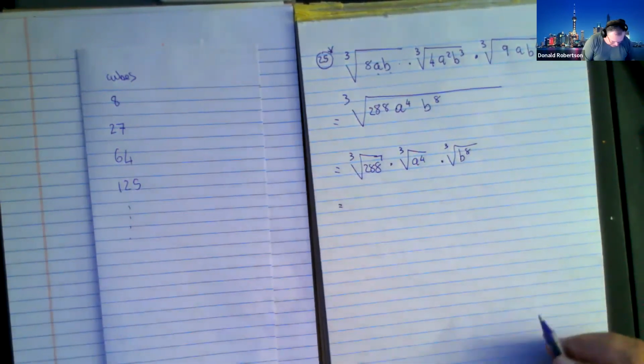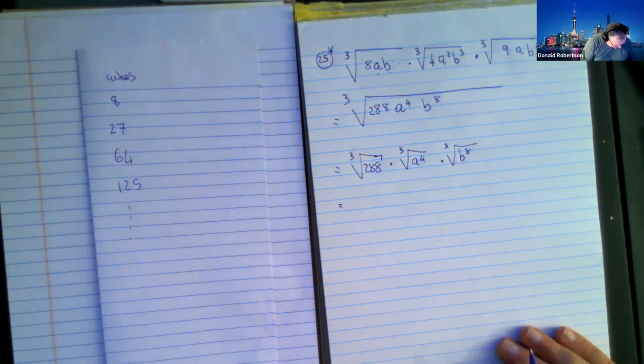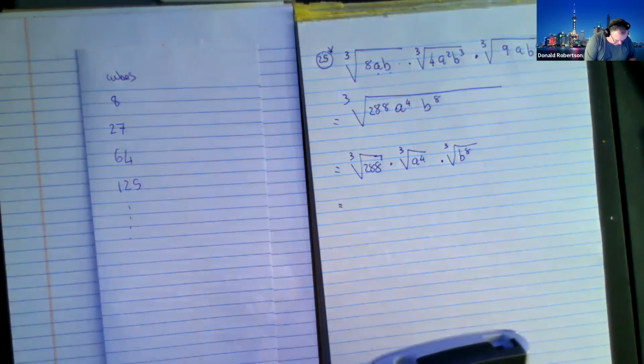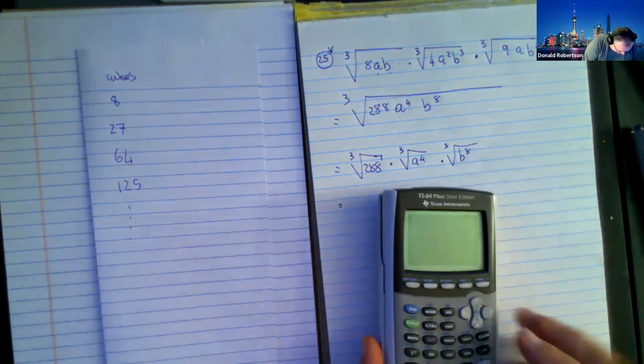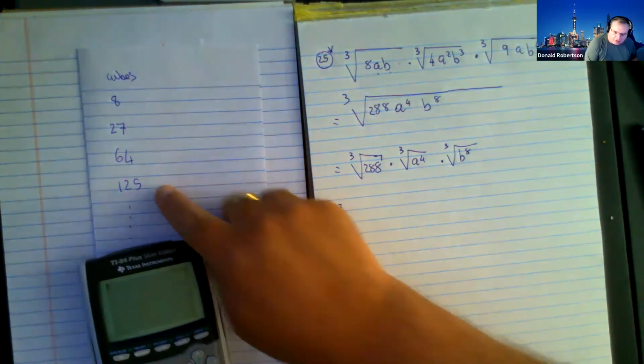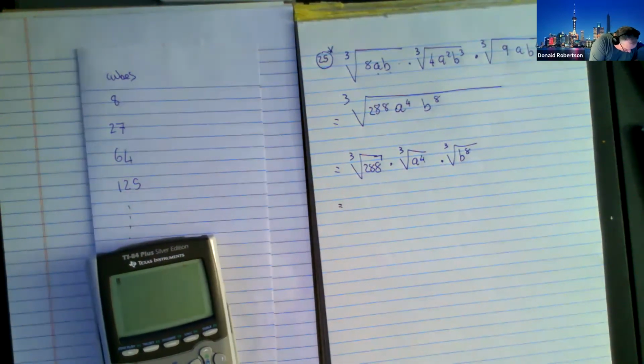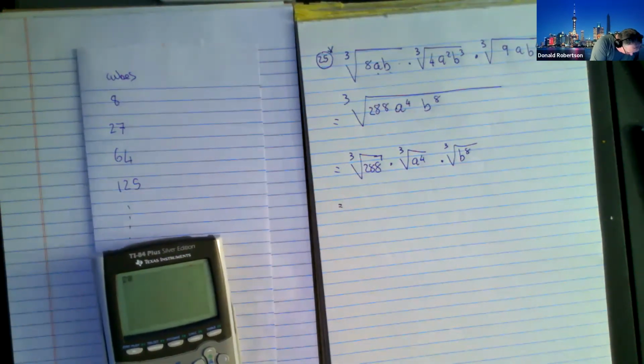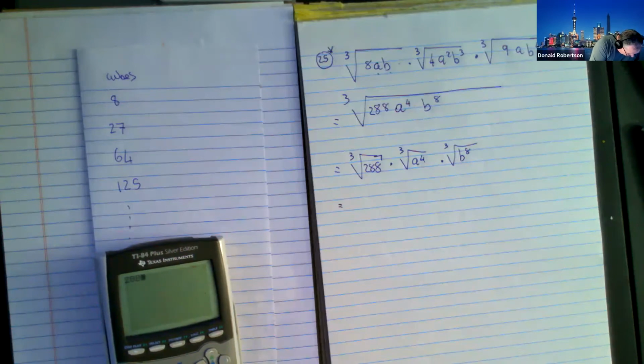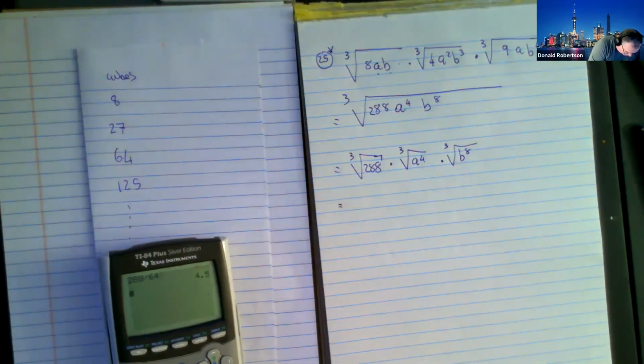Now, 288. It has to be divisible by something, but what? Let's see if we can find someone. Well, I don't think I need to try 125. That's a non-starter. Let's see if 288 can be divided by the perfect cube 64. No, okay.